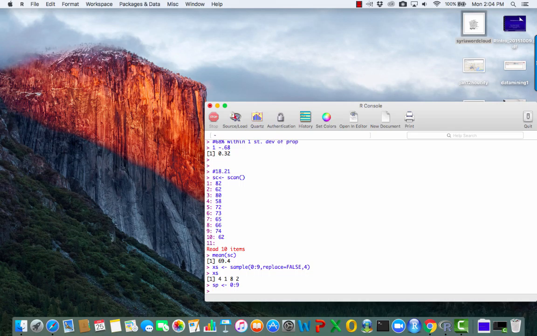So we need to get SC such that the indices equal XS. I think that's it.